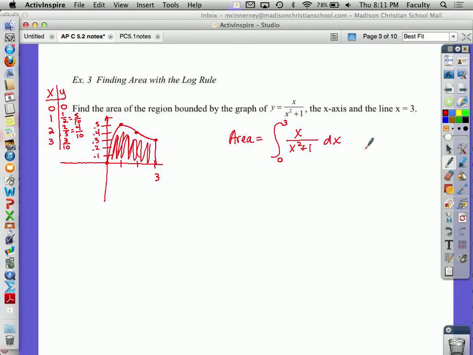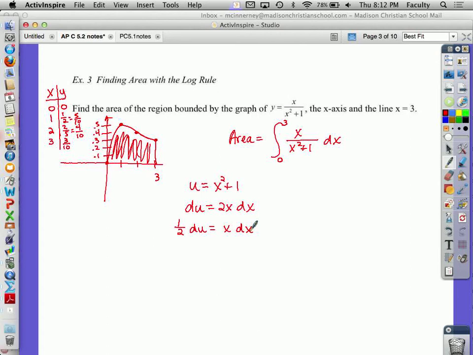So in this one, I'm going to let u equal x squared plus 1. du is 2x dx. Well, I have the x dx, but I don't have the 2, so I'm going to go ahead and divide by the 2.